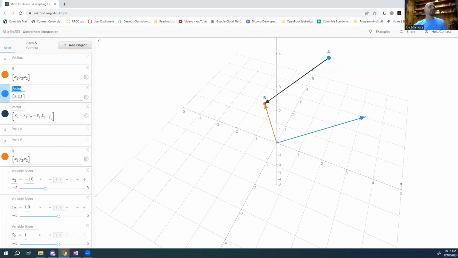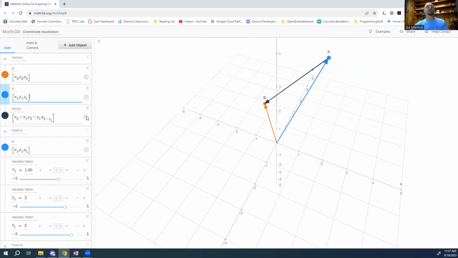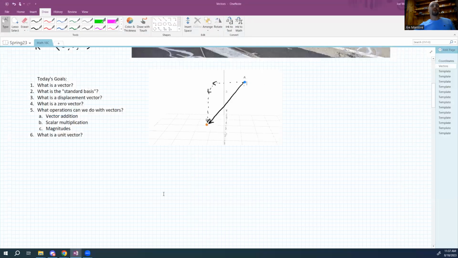And this one's going to be the one pointing at the point A. And we just need to get our values for the vector A out here. Okay, so I've got my vector A, my vector B, and then this black vector is the displacement vector, and that's the vector B minus A, right? The B vector minus A vector. We just subtract component wise. I haven't taught you to subtract yet, so what the hell? Let's do that next.